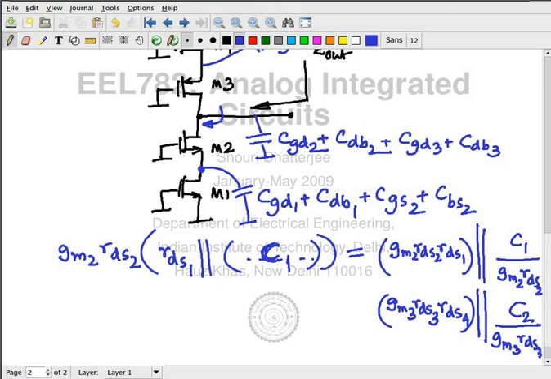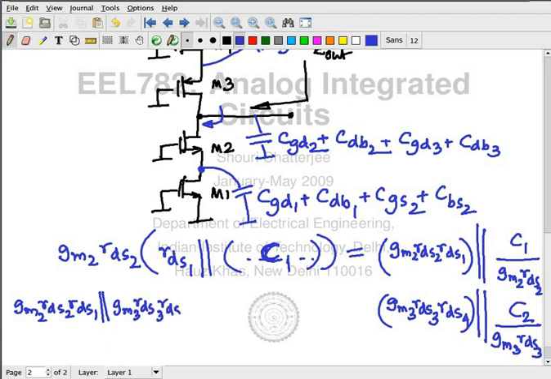Okay, so the combined effect of all this is the parallel combination of the 4 of these things. So the combined effect is going to be GM2 RDS2 RDS1 in parallel with GM3 RDS3 RDS4.